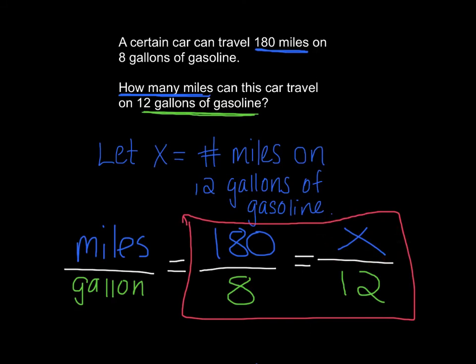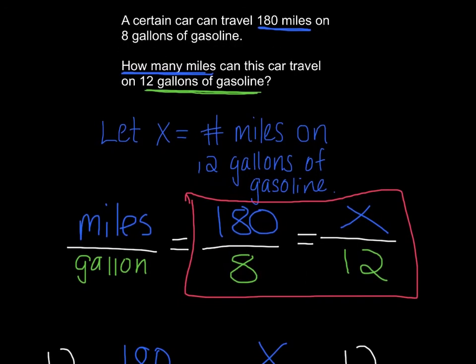And I put this on the top of my other fraction so that it was equivalent to the left side. And then I was told that I had 12 gallons of gasoline in this instance, so 12 would go in the denominator here. At this point, it was a matter of solving the proportion that I had written. The proportion that I've written reads 180 over 8 equals x over 12. And I was able to write this proportion based off of the information provided in the word problem.